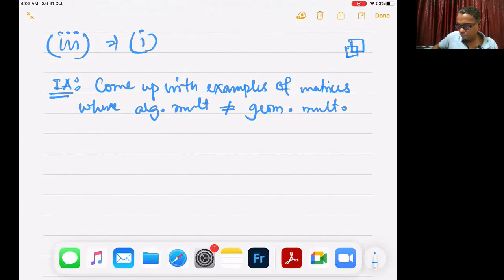That will force us to investigate this situation further, and we'll see that the next best thing to expect is to look for block diagonalization. Instead of the whole matrix being diagonal, it will be blocks of matrices. It will be a diagonal matrix of blocks, and each block may not be diagonal itself but may have some different structure. Based on that, we will see the Jordan canonical form and the rational canonical form.